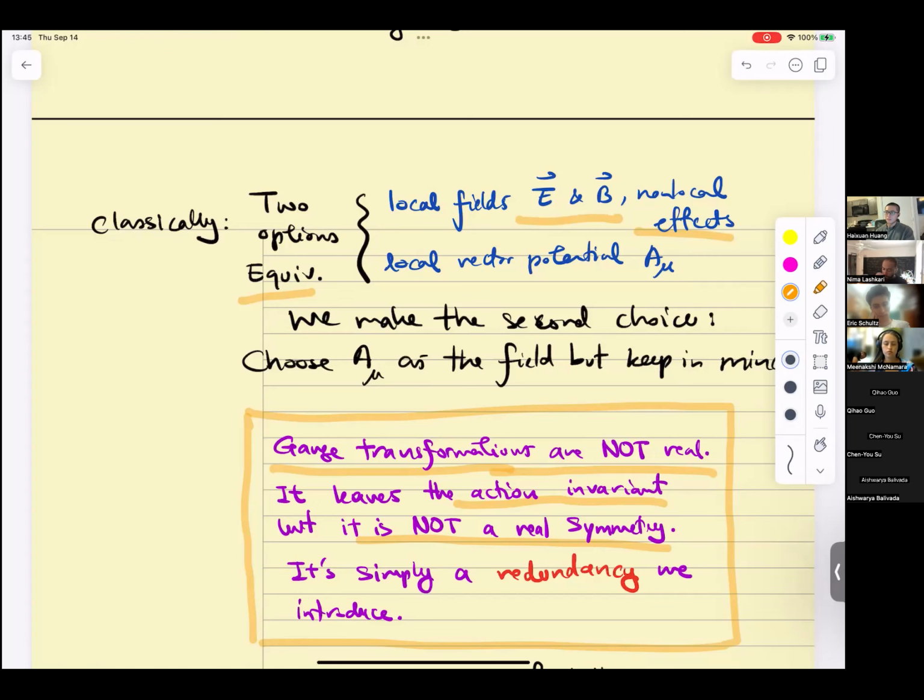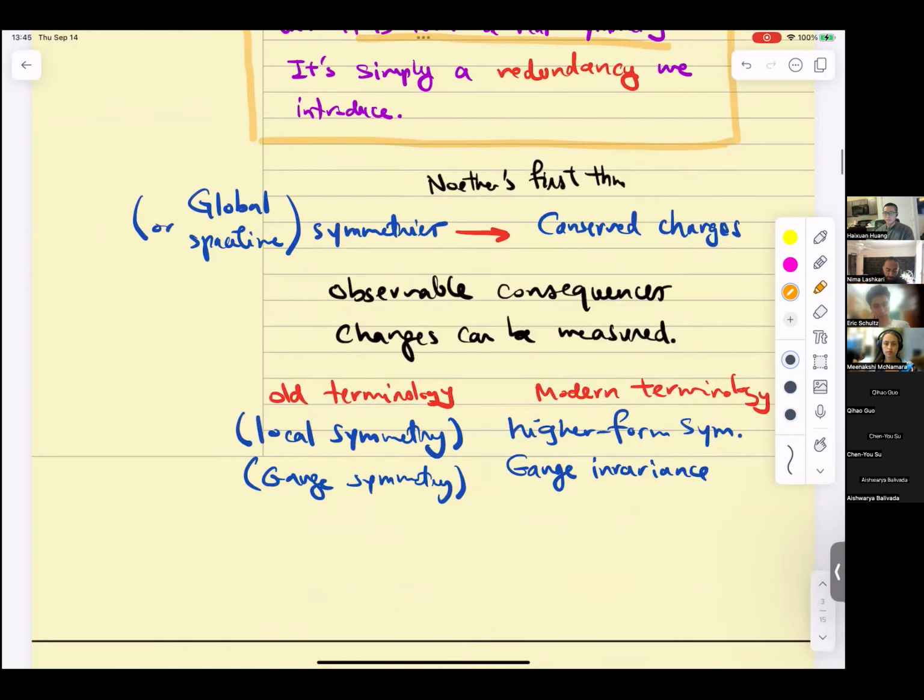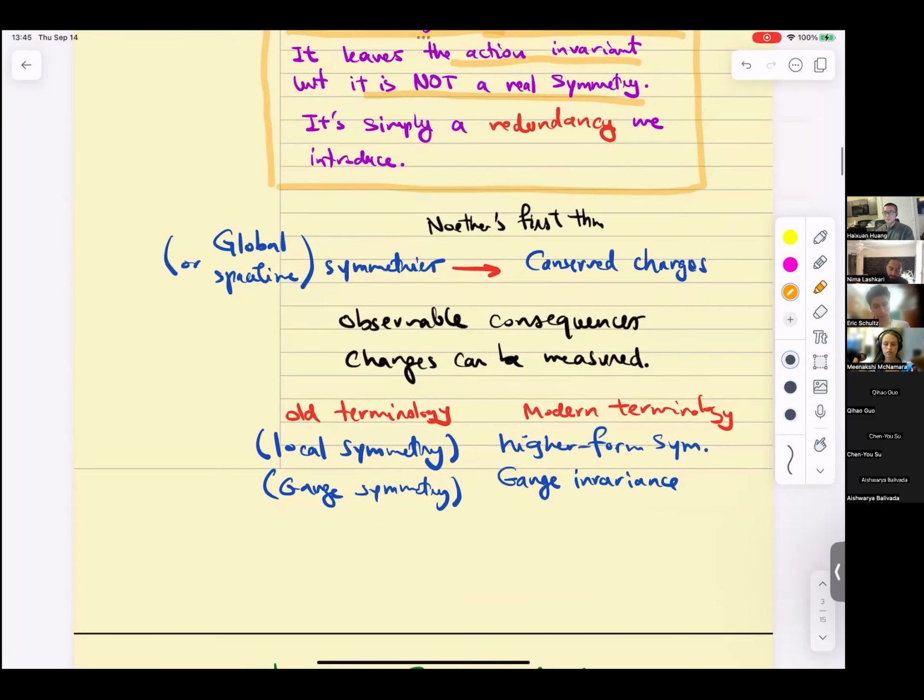All right. So to get the terminology straight, recall the symmetries that we discussed so far. We had global symmetries. These have to do with internal transformations, right? And then we had space-time symmetries. Noether's first theorem told us that when we have differentiable symmetries, you're going to end up with conserved charges, conserved currents.